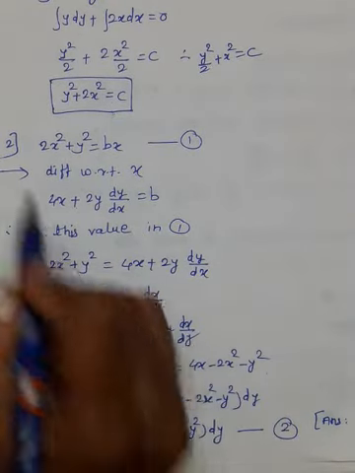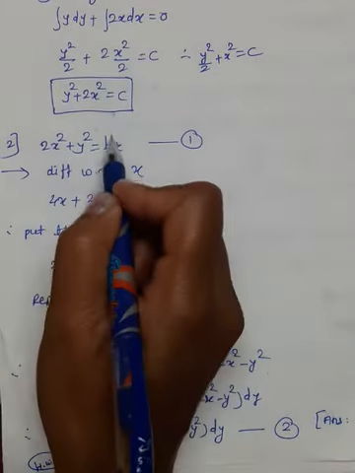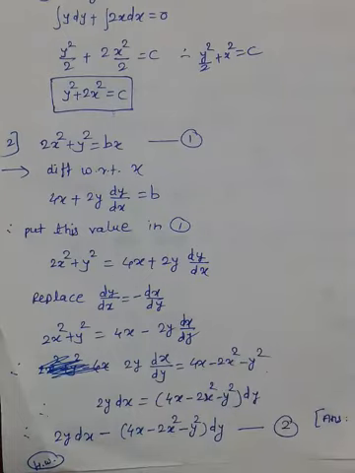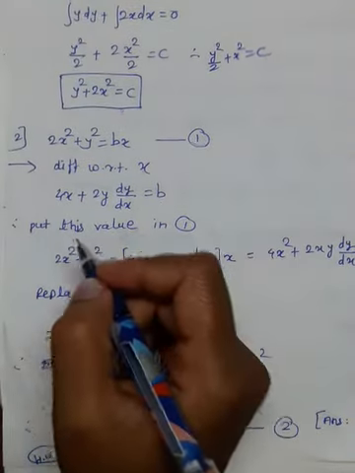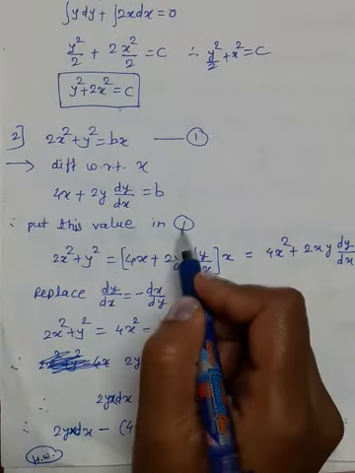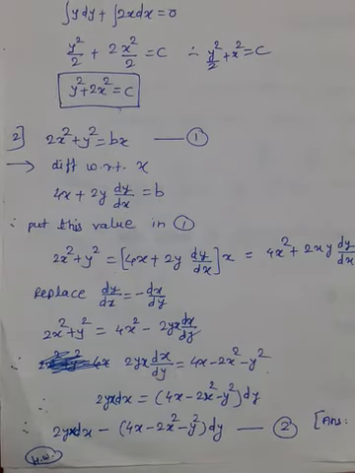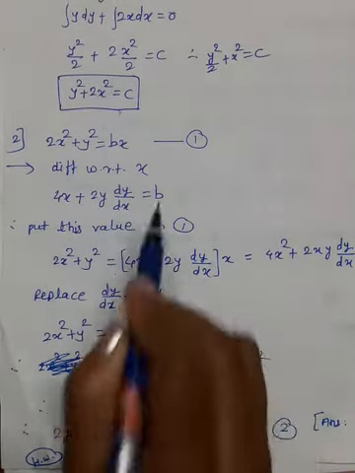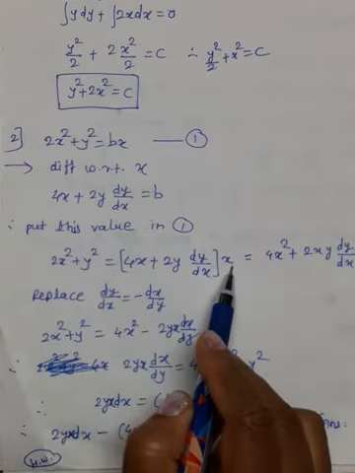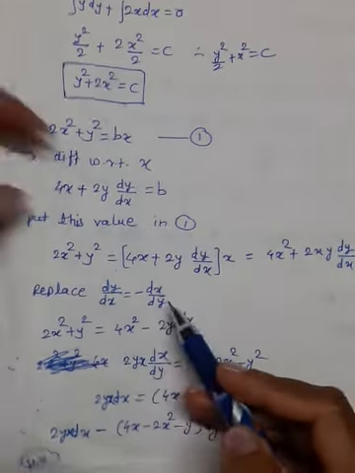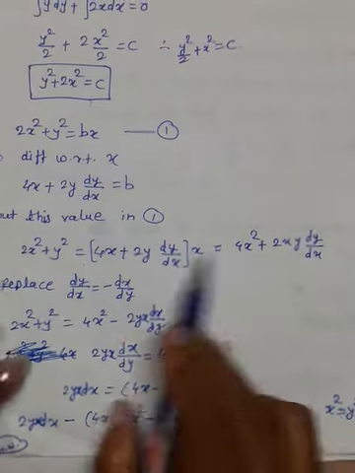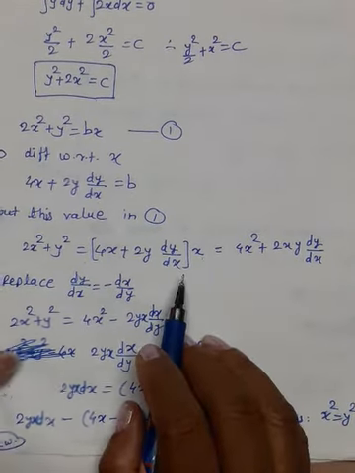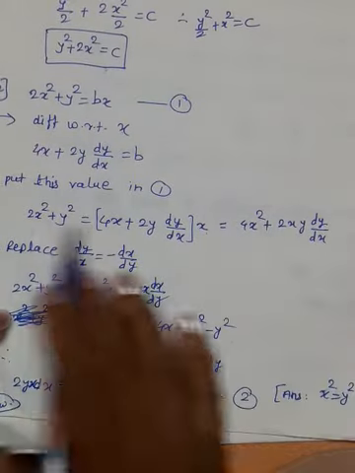We get 2x square plus y square is equal to b into x, where b is this value, into x as it is. Now multiply this x inside, we get 4x square plus 2xy dy by dx. This completes our second step, eliminating the constant. Okay, this is our equation.